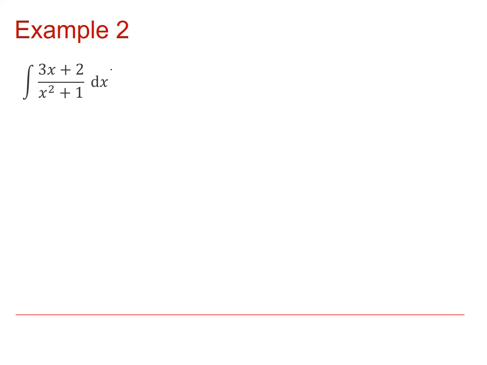Let's look at this second example. Again, I've got a 1 plus x squared type thing. I'm going to try x equals tan u. Again, dx by du is going to be sec squared. And so when I do the substitution, I'll again replace dx with sec squared u du.